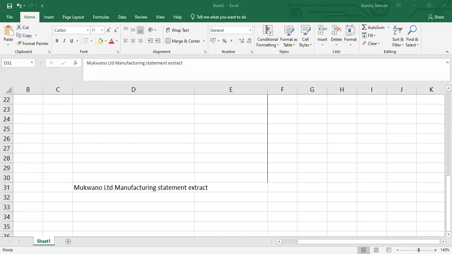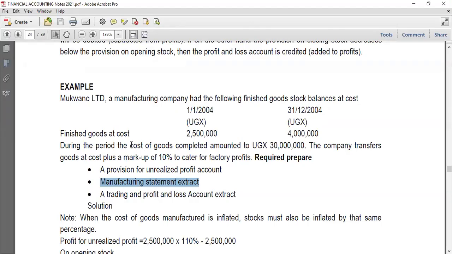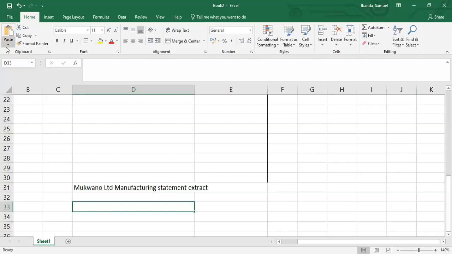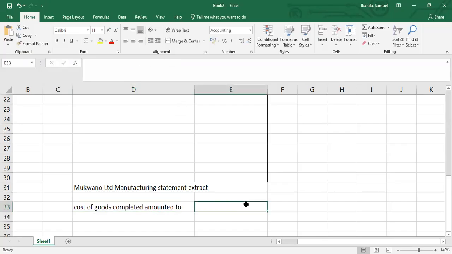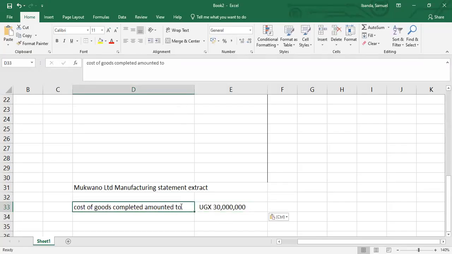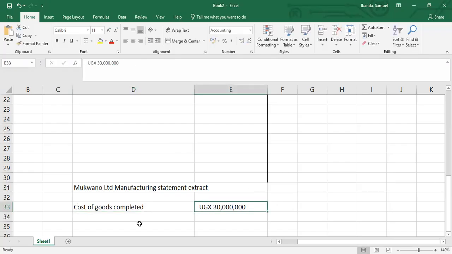So let's just see. They have told us that the cost of goods fully manufactured or completed stands at 30 million. So this is what we shall have here. I'll just pick this value. So our cost of goods completed is worth 30 million.